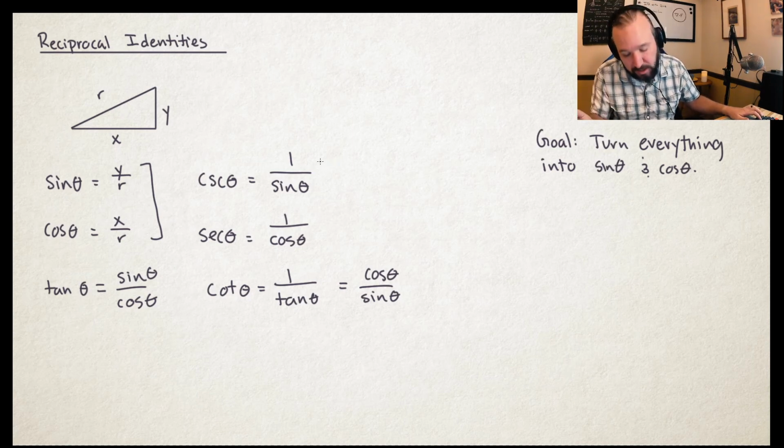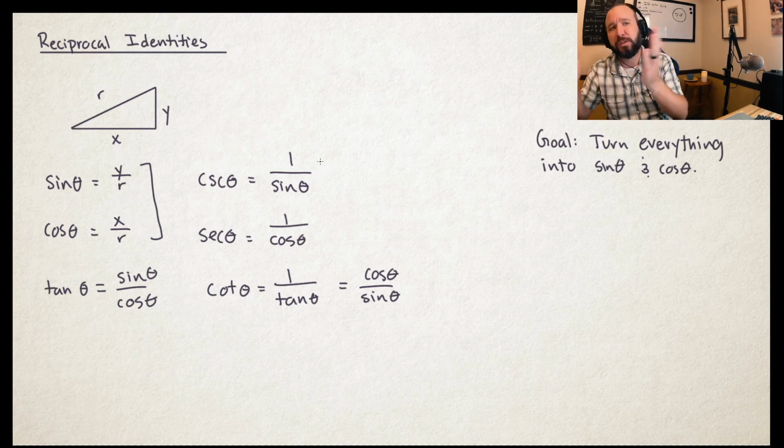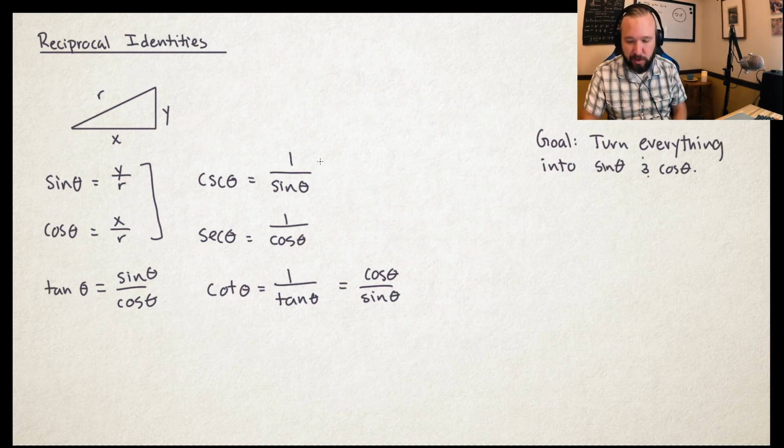Cosecant is 1 over sine. Secant is 1 over cosine. Just something that helps me remember these is that they always switch. Sine goes with 1 over cosecant. And cosine goes with 1 over regular secant. And then cotangent is the reciprocal of tangent.